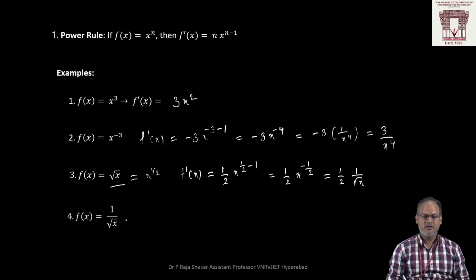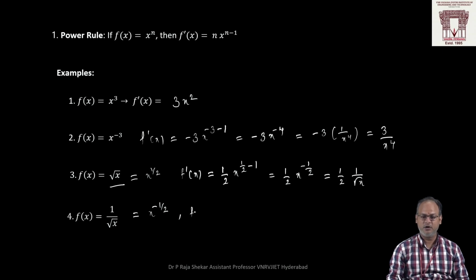Let me take one more example where f of x is 1 by root x. Equivalently, we can write x to the power minus 1 by 2. For root x, it is x to the power 1 by 2; for 1 by root x, it is the inverse, so it is x to the power minus 1 by 2.